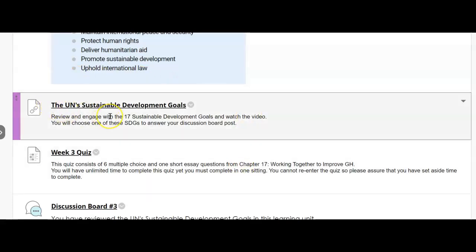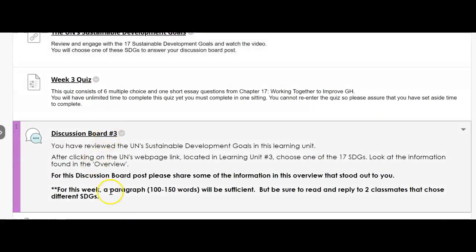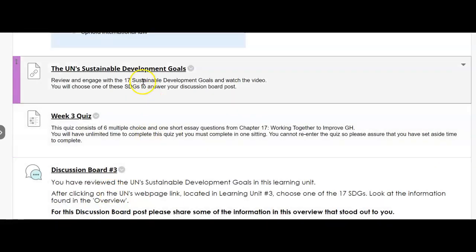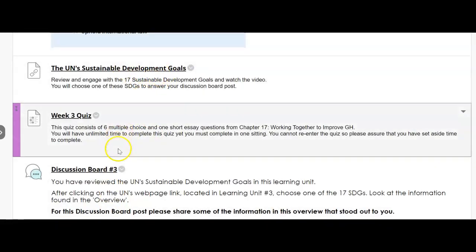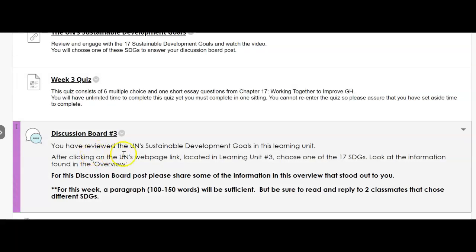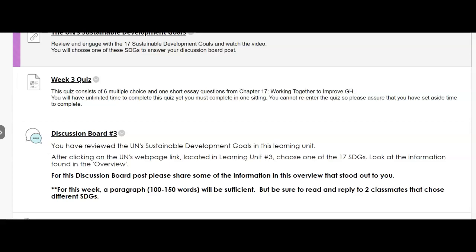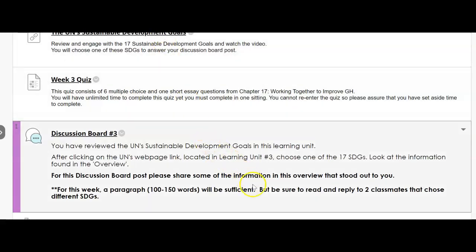Before I get back to the UN Sustainable Goals, you're going to see that the discussion board is specific to this piece here. After you have reviewed the Sustainable Development Goals of the United Nations and clicked on this web link, you're going to choose one of the 17 SDGs. What I want you to do is look at the information found in the overview.